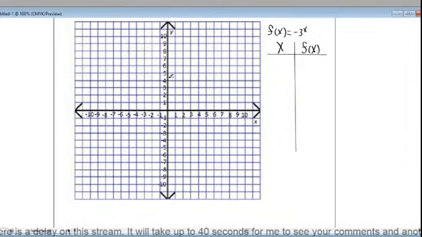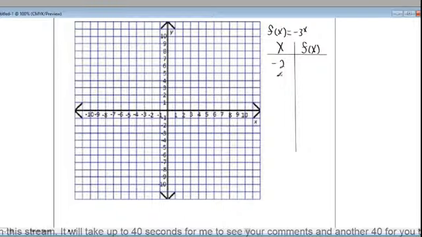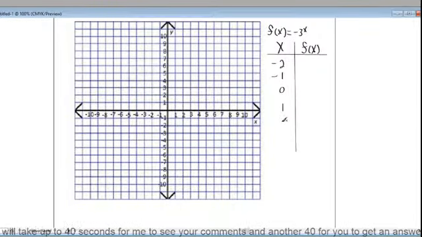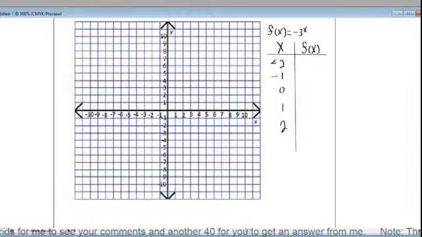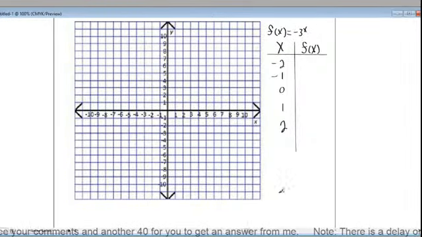All right, so same values, negative 2, negative 1, 0, 1, and 2. So let's see what we get here. Let's plug in negative 2.